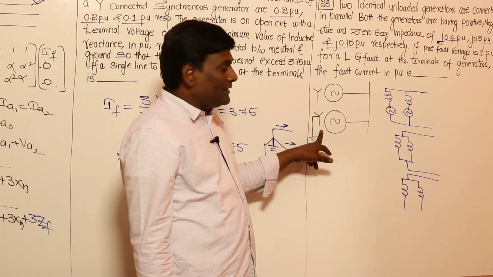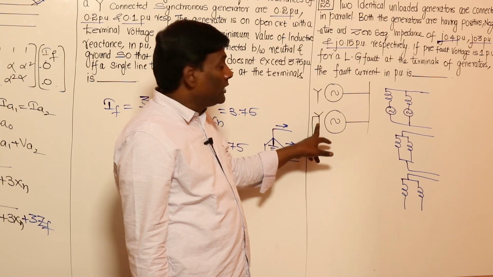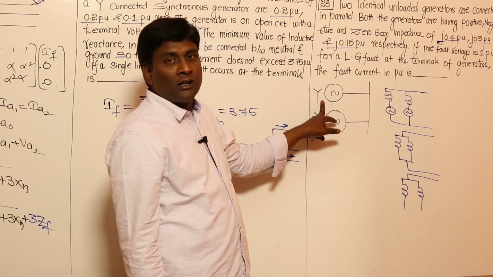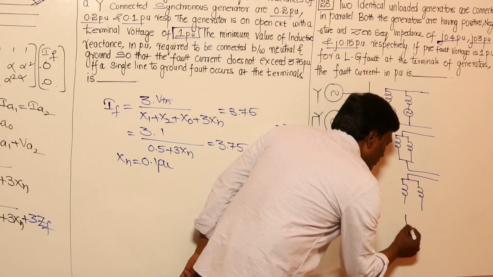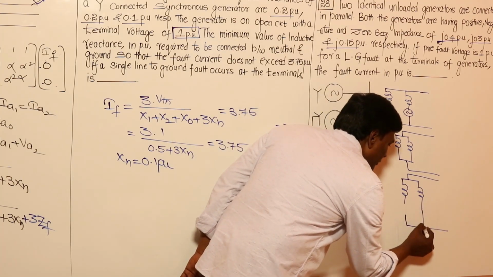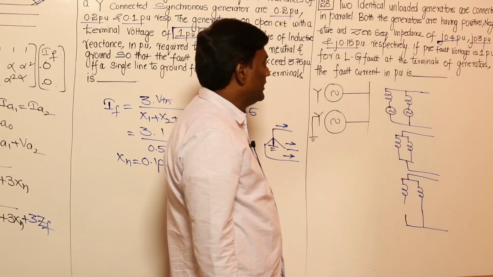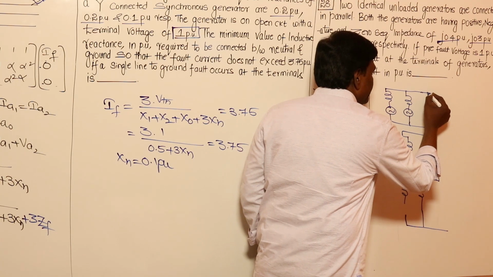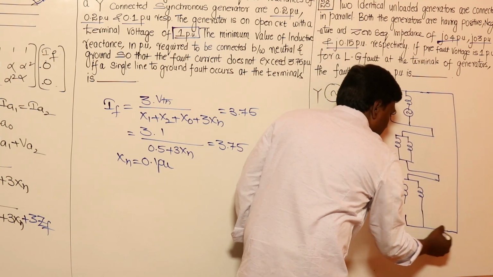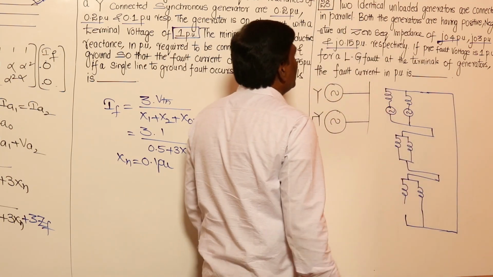Anyway, in this alternator, zero sequence currents can flow, but here it is going to be open star, which means zero sequence currents cannot flow. So here it cannot flow, but here it will flow. Okay. Now these 3 networks should be connected in series. Okay, so let me calculate here.